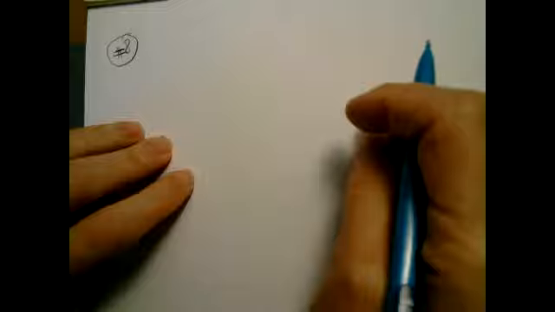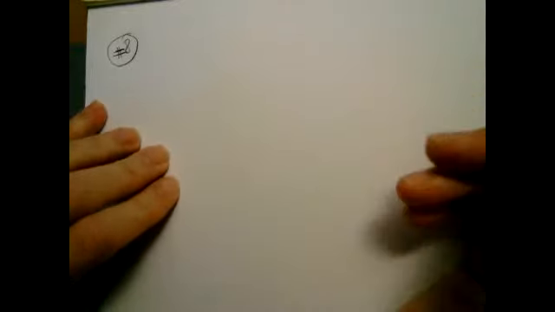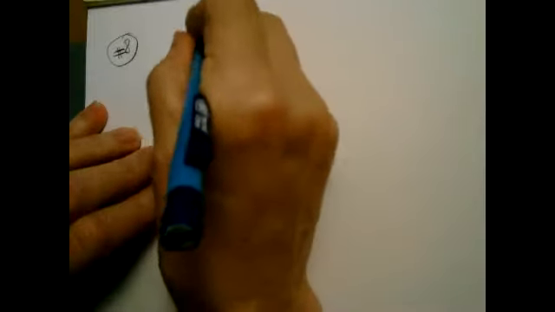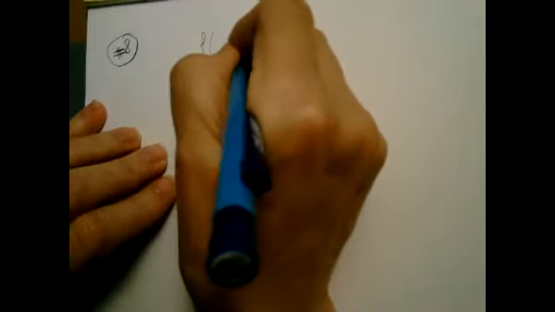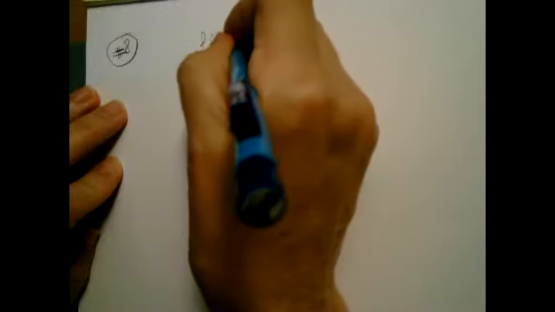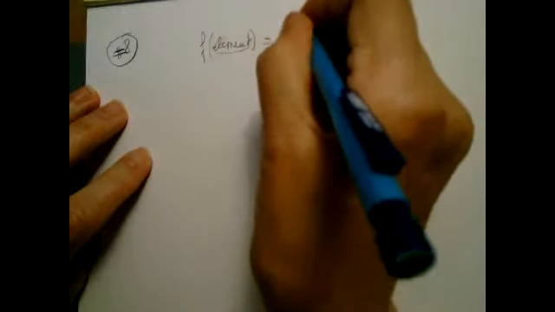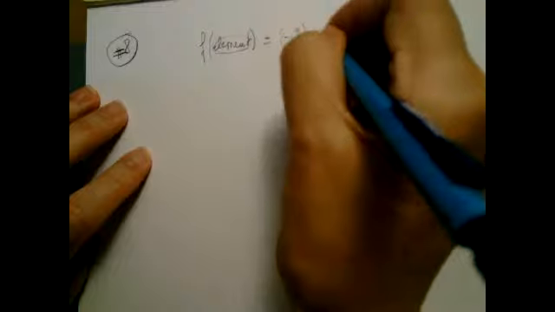Let A and B be the set of real numbers, and let F be the function that to each element of A is assigned -2 times the element. So F does the following. F of element, I write what they say, and then of course we're going to write it mathematically. So F of something is -2 times the element.